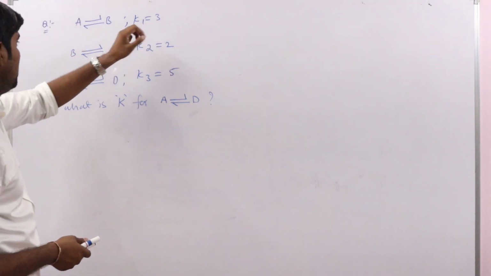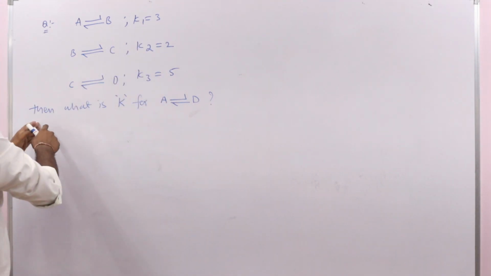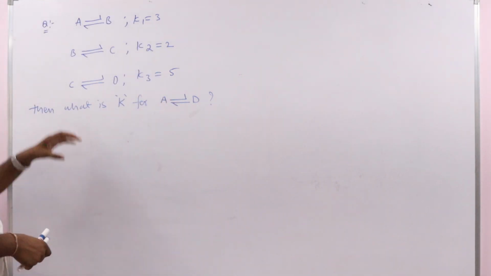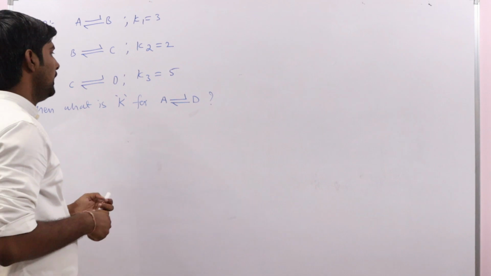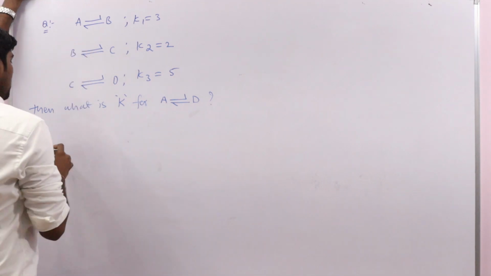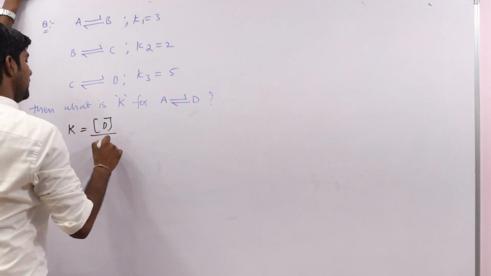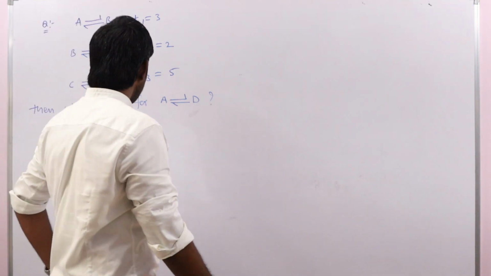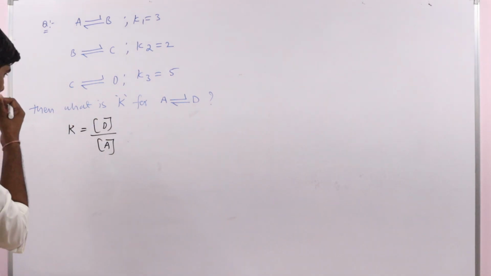A gives B, K1 equal to 3. B gives C, K2 equal to 2. C gives D, K3 equal to 5. What is the equilibrium constant for A gives D? See, three different reactions were given, with equilibrium constants provided, and we have to find the equilibrium constant for this reaction. If you write K equal to concentration of D by concentration of A, the concentrations are not provided, so how can we calculate?